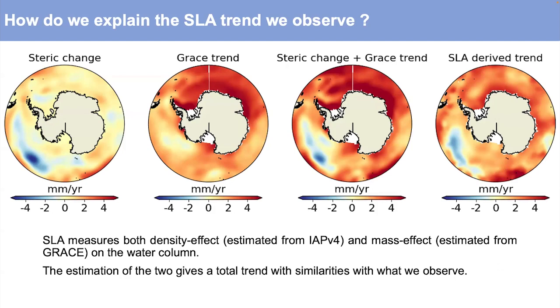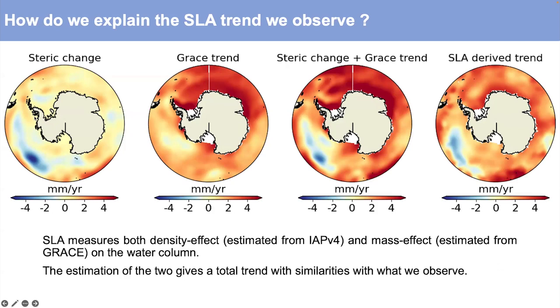Great, okay. One of the first things we did with the product is look at the sea level anomaly trend that we have here, and we try to explain it using both estimates of the steric height change, which we did using a gridded product, the EAP product.